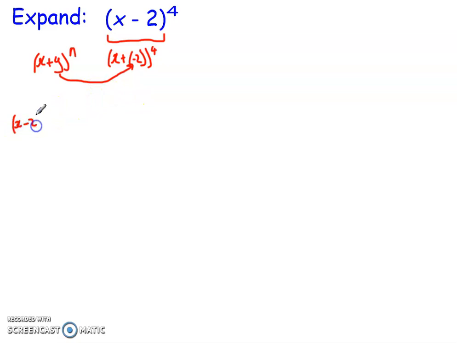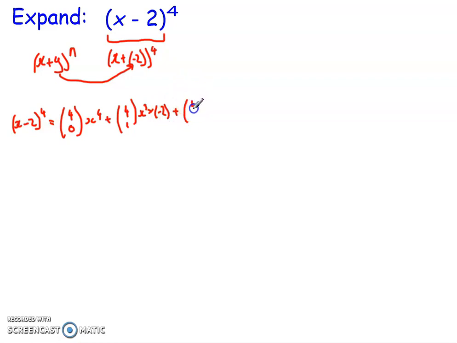So I know then that (x minus 2) to the power of 4 equals, so I've got 4C0 here, times x to the 4, plus my 4C1 expansion, times x cubed times, well remember, it's negative 2 to the power of 1, so just negative 2.